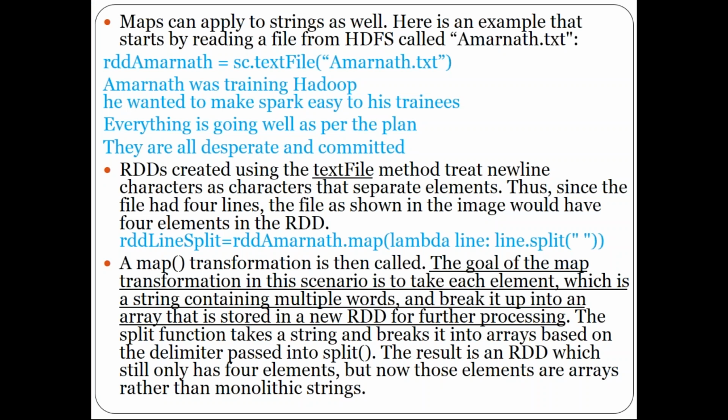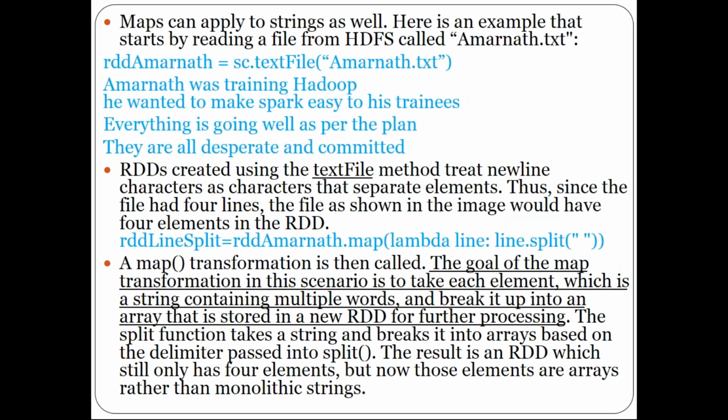Now guys, carefully understand. I am going to apply a map function on top of it. This map transformation is then called. The goal of the map transformation in this scenario is to take each element, which is a string containing multiple words, and break it up into an array that is stored in a new RDD for further processing.